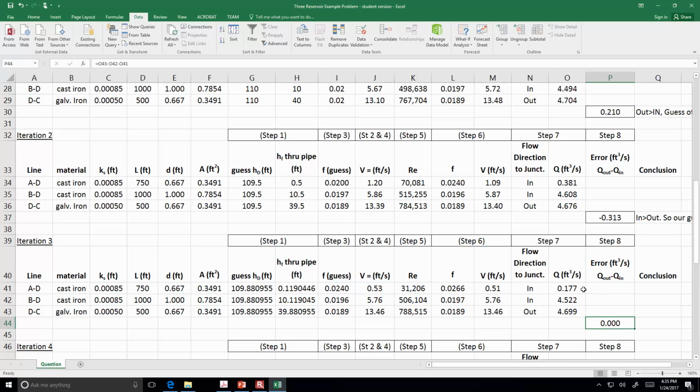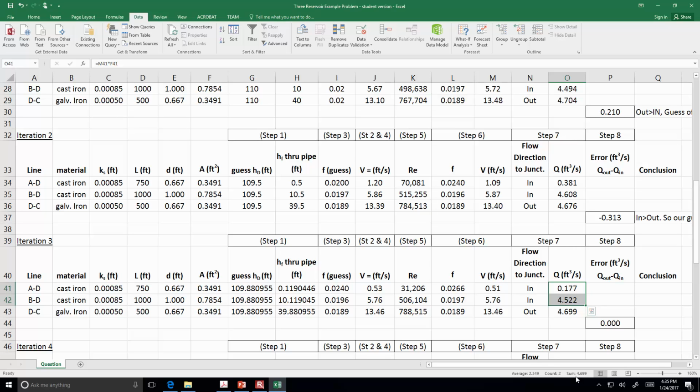The flow rates equal each other, so the flow rate out is basically 4.7, and the sum of these together is 4.7. If you highlight 2 cells, then down here at the bottom of the screen, it will give you some statistics. So that's a quick way of adding them together. 4.7 basically is the flow rate.